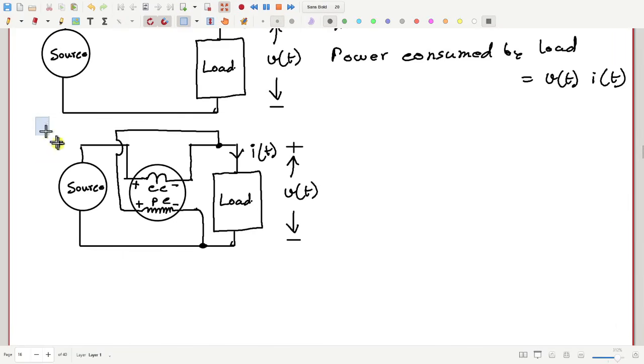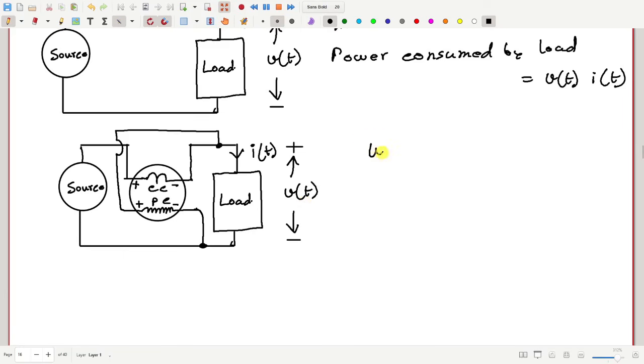One more thing I would like to say here. Now this current i(t) and v(t) may vary with time. So the wattmeter will multiply this current and this voltage at each and every moment of time and then take an average over time.